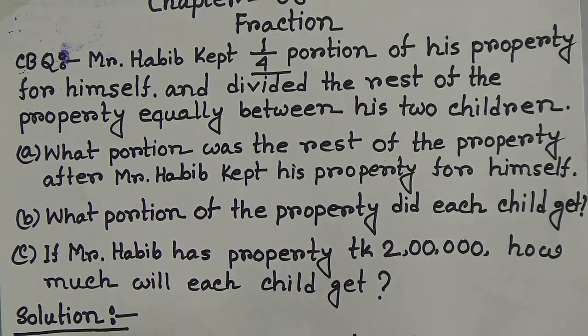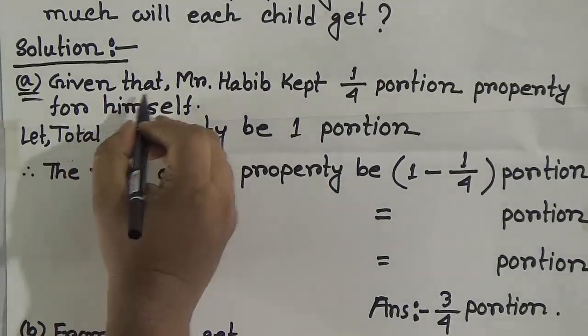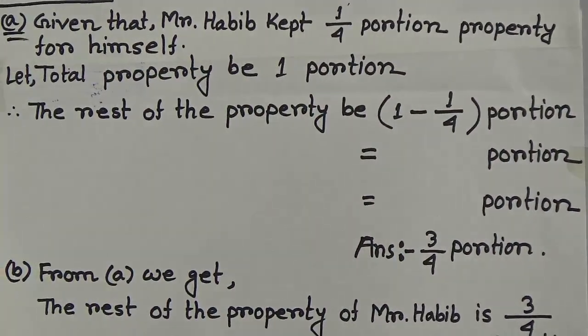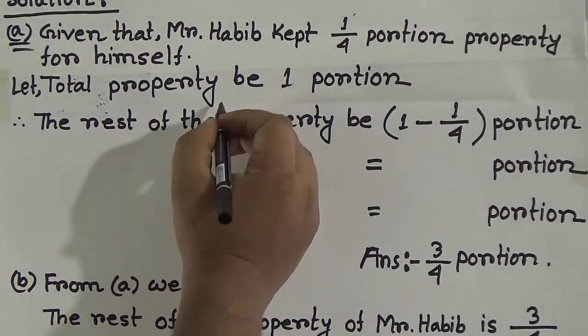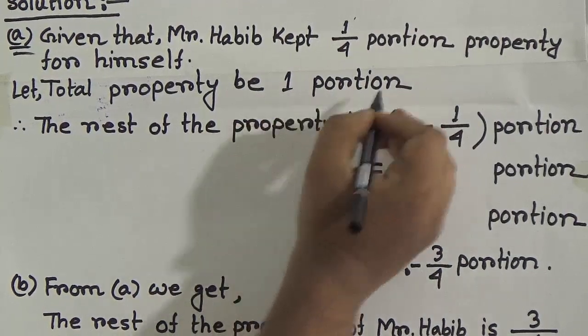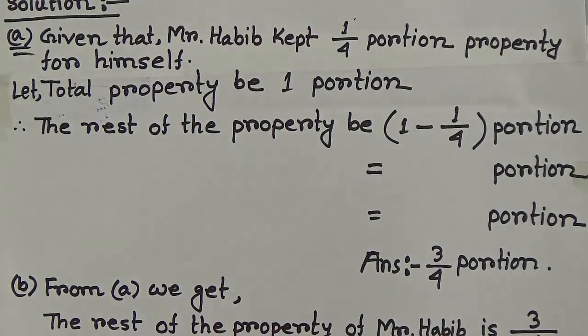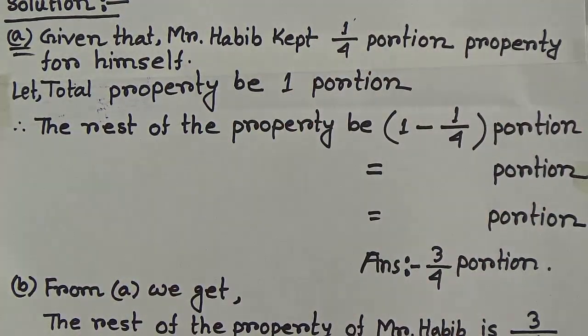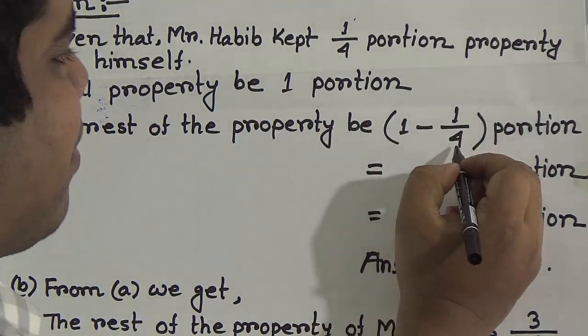At first, in A, given that Mr. Habib kept 1/4 portion of property for himself, and let the total property be 1 portion. We need to find out the rest of the property. So we subtract 1/4 portion from 1 portion, then we get the rest of the property. So 1 minus 1/4.